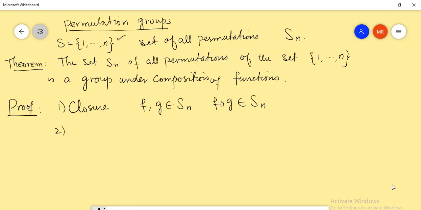Number two, associativity. We know that the composition of functions is associative. And number three, the identity. We know that the identity permutation E that fixes every symbol of S is an identity element of Sn.